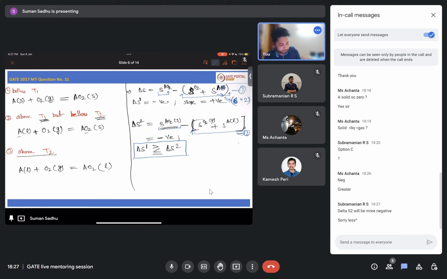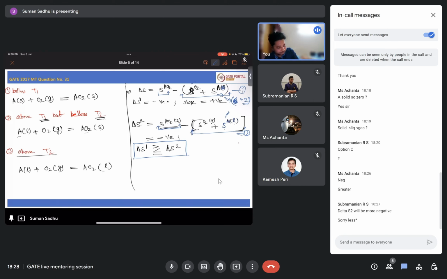Everything else is almost similar, a little bit of value maybe changes because of the change in temperature, but a drastic change will be there when it is transforming from solid to liquid. So now the entropy of this liquid will be much higher than these values.